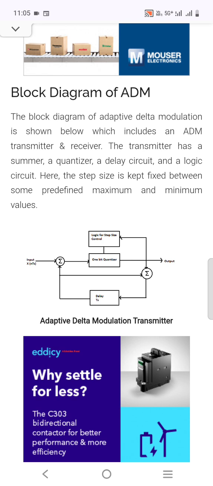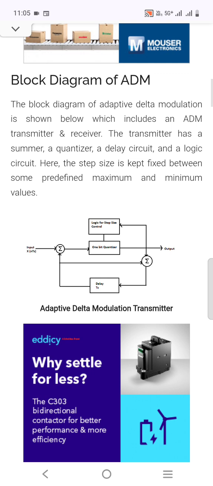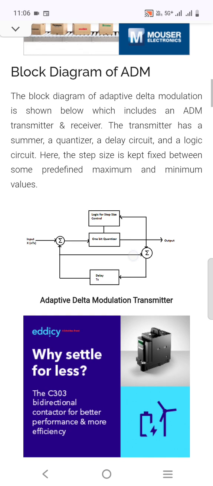The block diagram of adaptive delta modulation is shown, which includes an ADM transmitter and receiver. The transmitter has a summer, quantizer, delay circuit, and a logic circuit. Here the step size is kept fixed between some predefined maximum and minimum values.